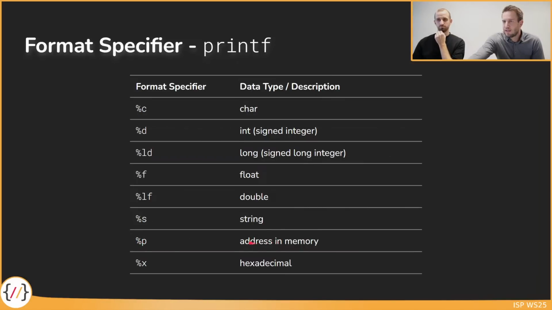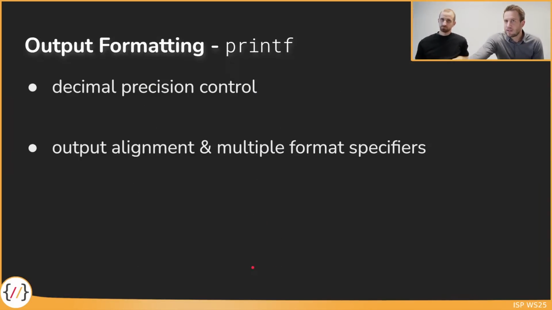In this case we want to present the address of a variable, which we've seen before with the address-of operator, and %x is also a placeholder to show a hexadecimal number. So with printf we have also further options to define the decimal precision, and we could also define the output alignment. What does that mean?